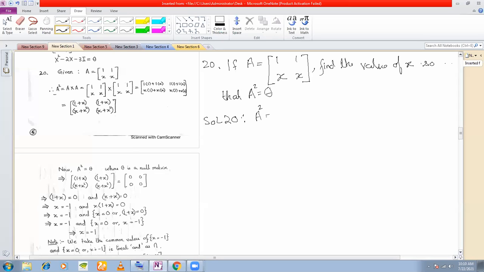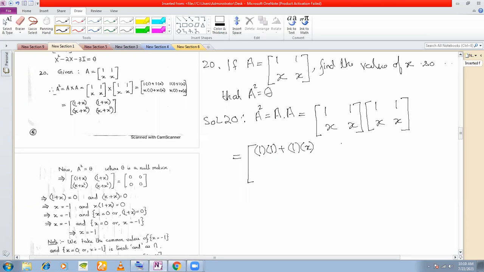A square is equal to A into A, which is equal to [[1, 1], [x, x]] into [[1, 1], [x, x]]. Multiply these two matrices. First row, first column: 1 into 1 plus 1 into x.